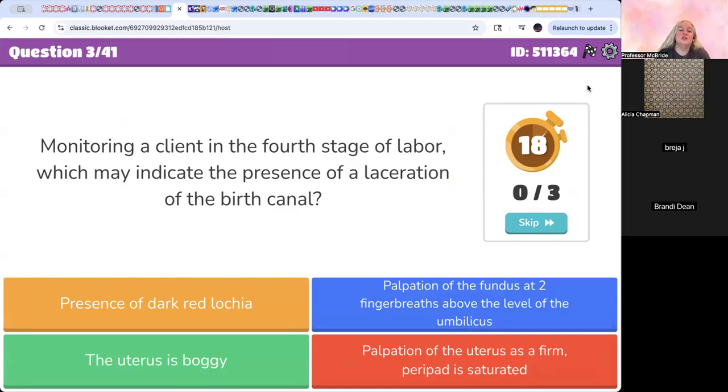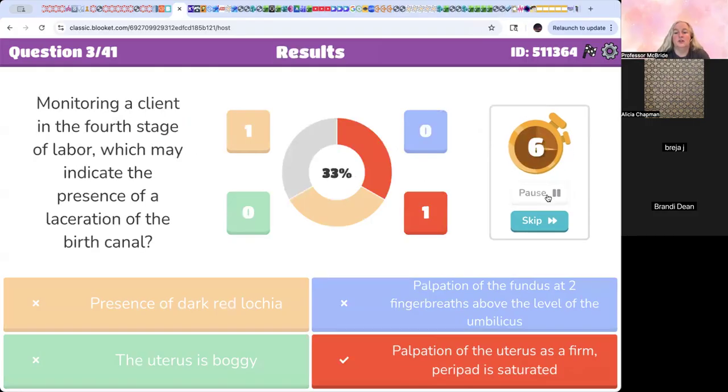Monitoring a client in the fourth stage of labor, which may indicate the presence of a laceration in the birth canal. All right, let's talk about this one.